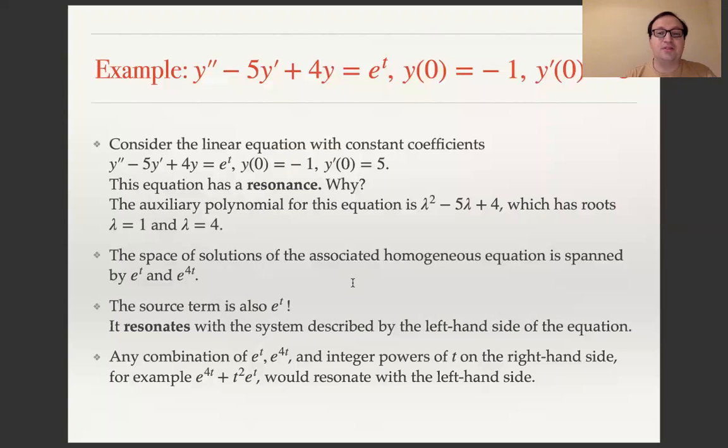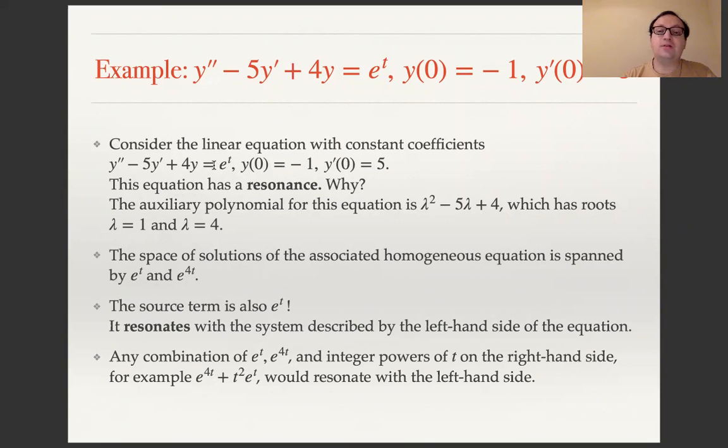All right, let's consider a second example. Y double prime minus 5y prime plus 4y is equal to e to the t. Y of 0 is minus 1, y prime of 0 is 5.